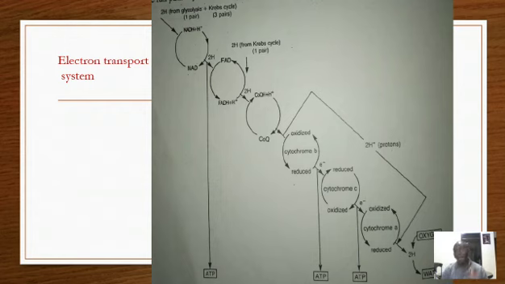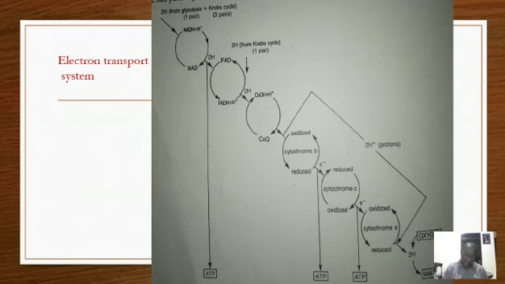We have cytochrome B, cytochrome C, and cytochrome A. So they move along a series of electron carriers, that is cytochrome B to cytochrome C to cytochrome A. However, when cytochrome B takes up the electrons, we now form, because we know addition of electrons is reduction.